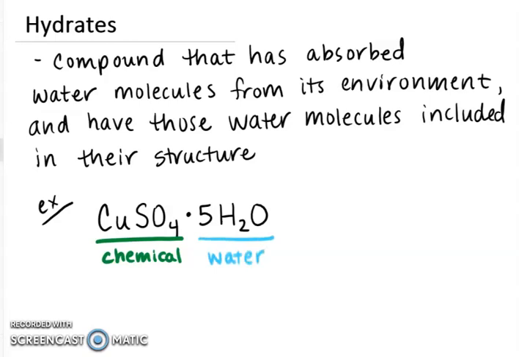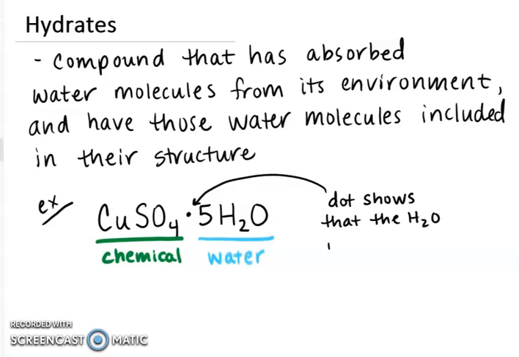Now, if you notice, the other thing that I have here that makes it pretty easy for us to see that the waters are attached is this little dot. So the dot basically shows that the water molecules are attached to the copper sulfate. Okay, so we show it with that dot. The other thing you're going to notice is the number 5.